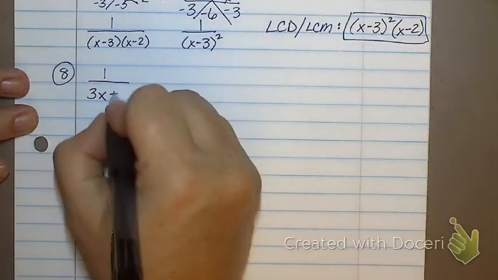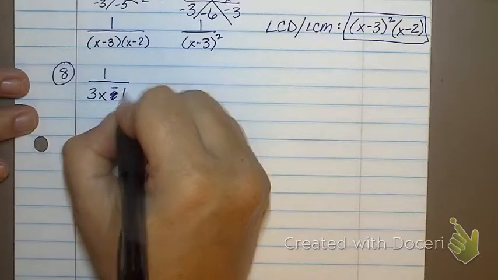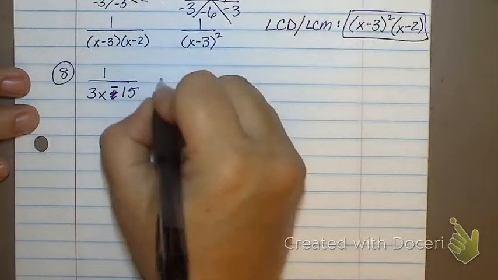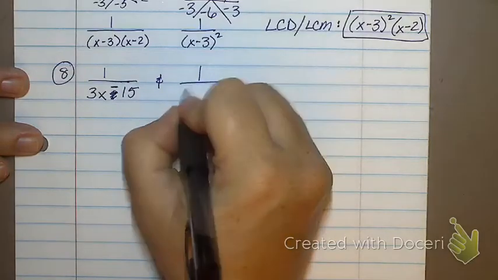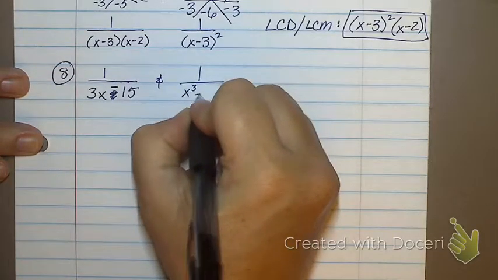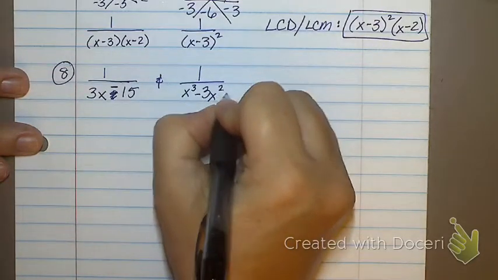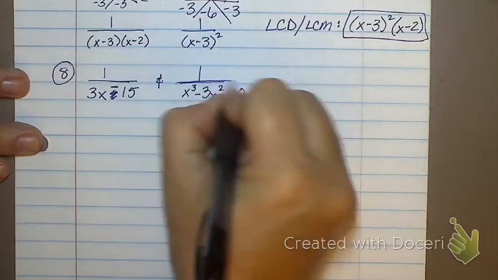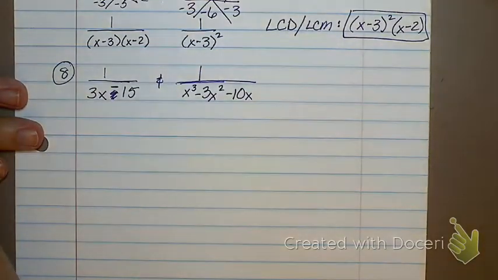Sorry, that's not a plus, a minus. 3x minus 15 and... factor those denominators completely and then see what the LCD would be.